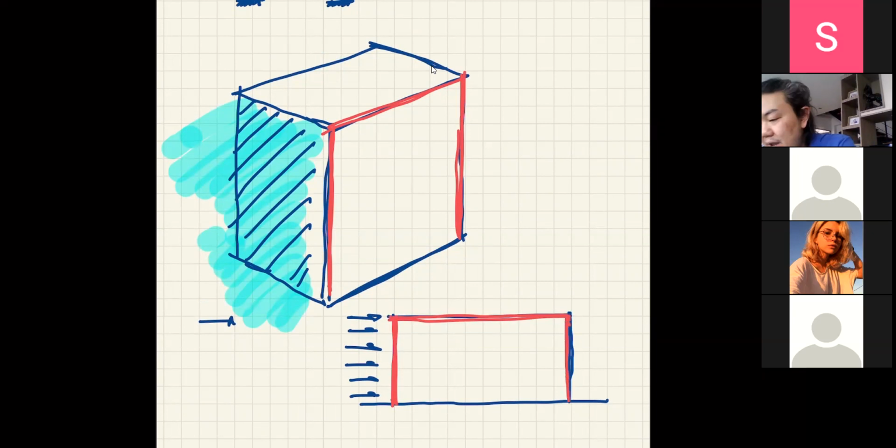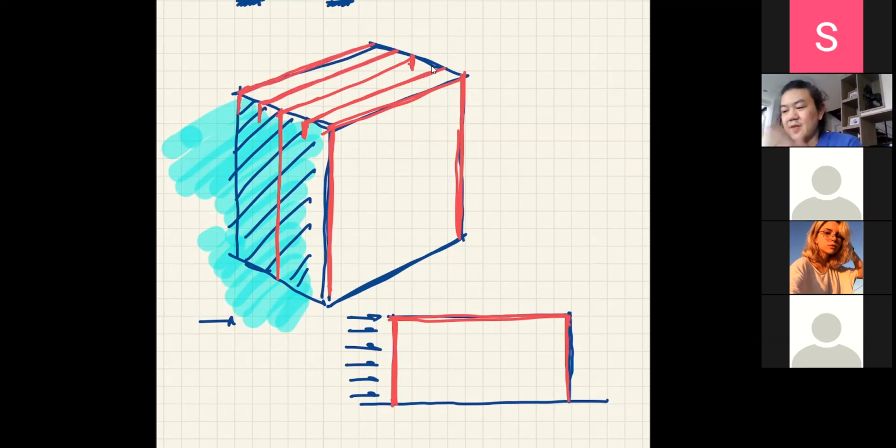And you may have a lot of orange frames in this direction. You may have more here, or here. And that means if you have a lot of frames, each frame will try to help take this wind load.